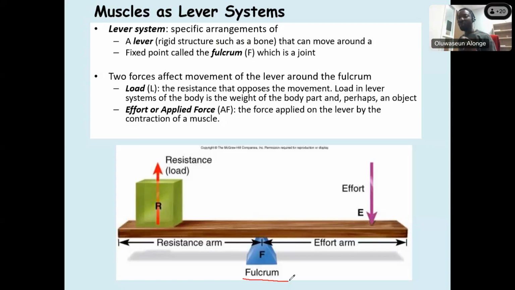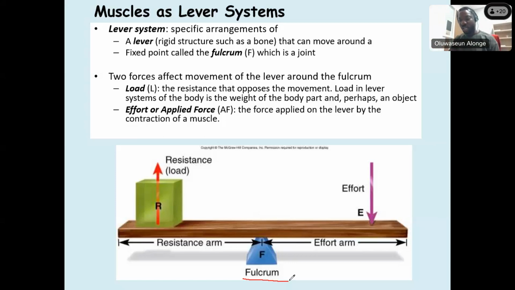When my force is more than the resistance of the load, that is when I am going to move forward. If the load is too much and my force cannot overcome the load, that's going to be a problem. I'm not going to be able to move. So the fulcrum is very important because that's what gives the balance.